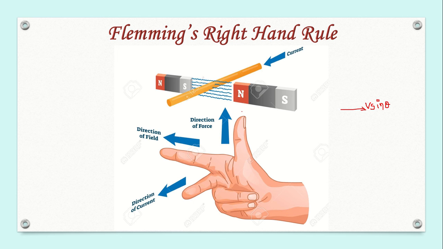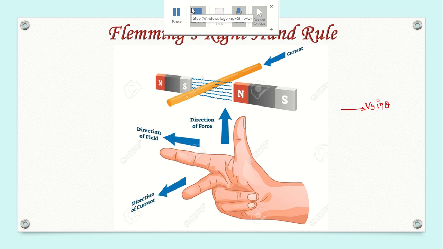Then magnetic flux lines always pass from the north pole to the south pole, so the forefinger is stretched in this direction towards the south. When these two fingers are stretched out like this, the middle finger will be in this particular direction. That means current will flow like this, in this particular direction. That is Fleming's right hand rule.